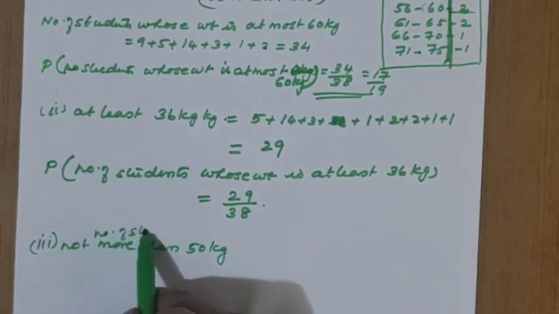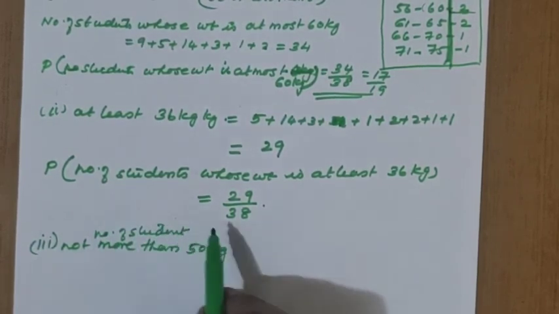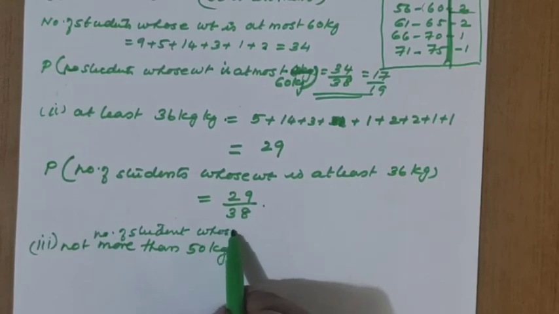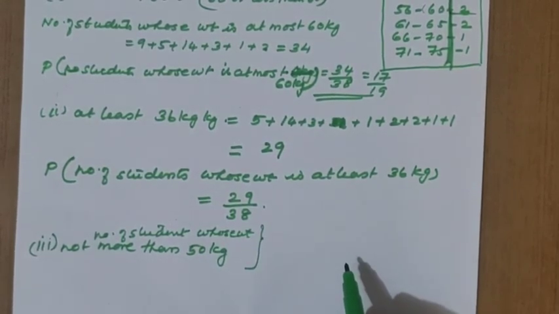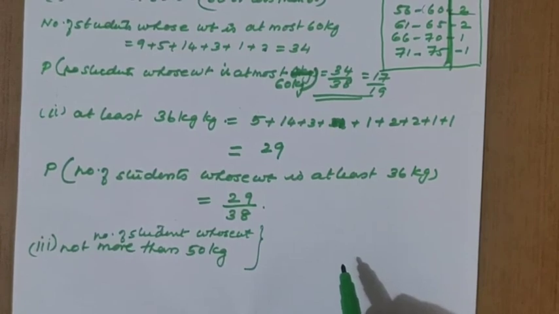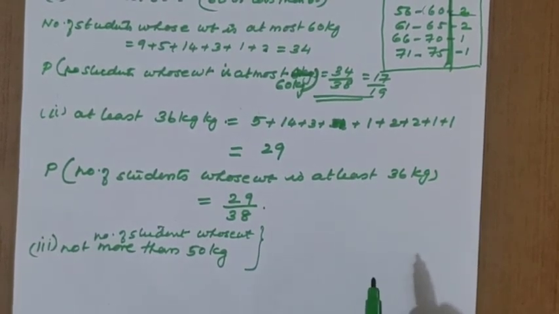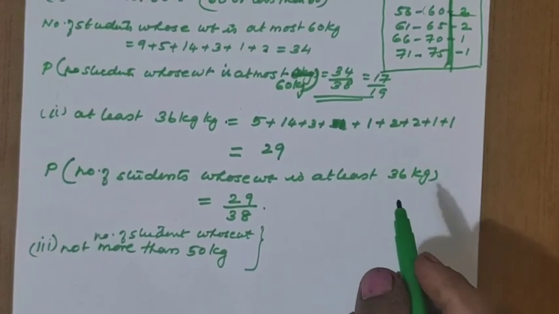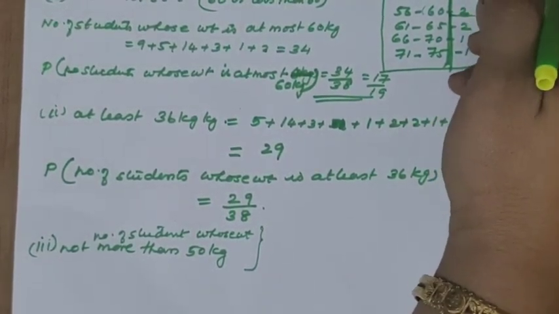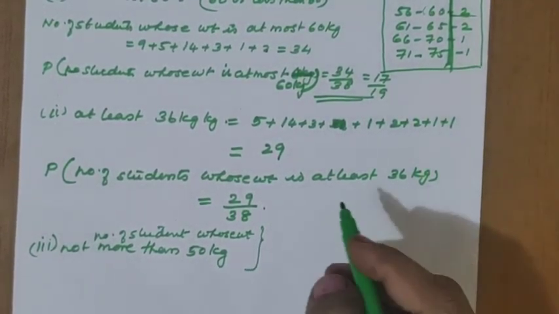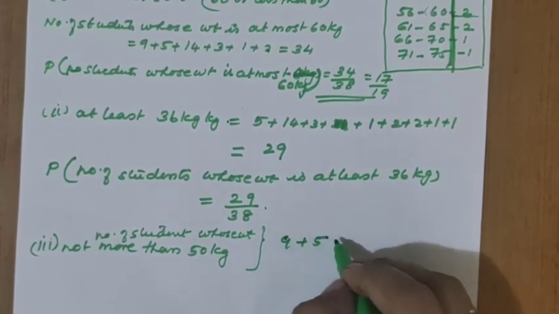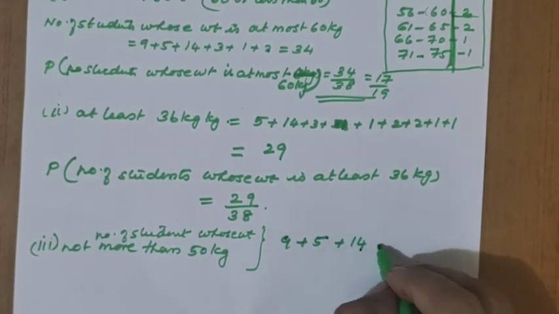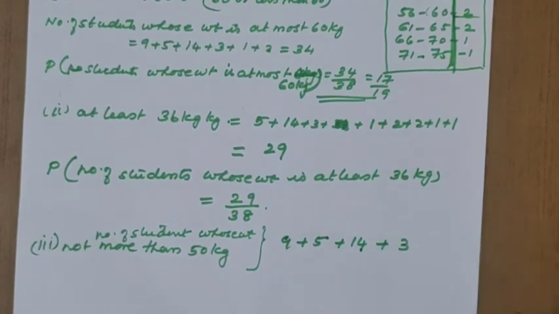The number of students whose weight is not more than 50 kg. Not more than 50 kg means more than 50 is not possible. So which are the favoring events for us? 9, 5, plus 14 plus 3.